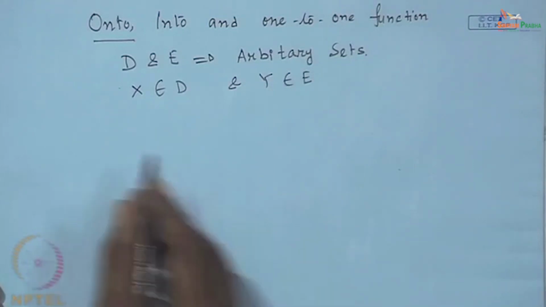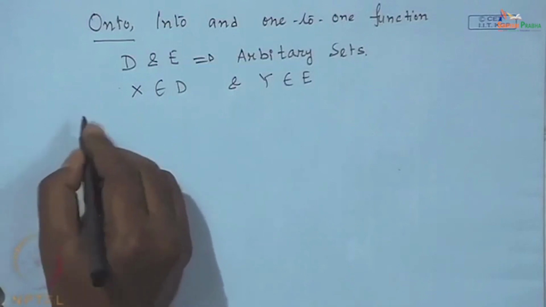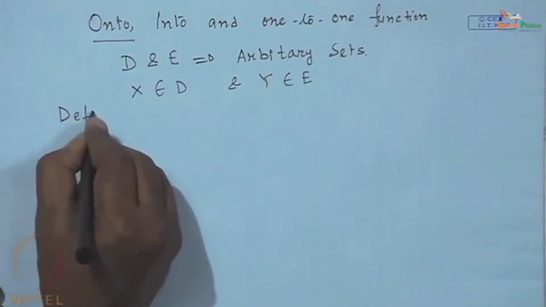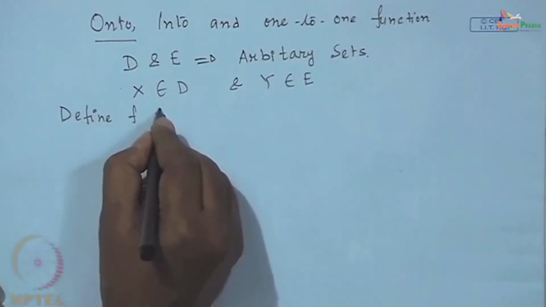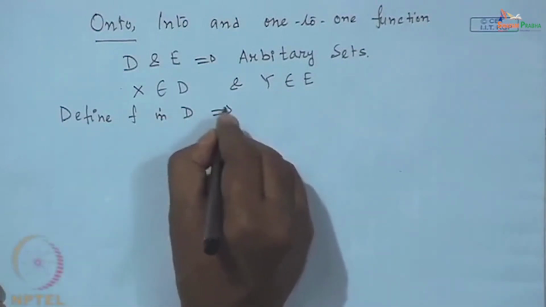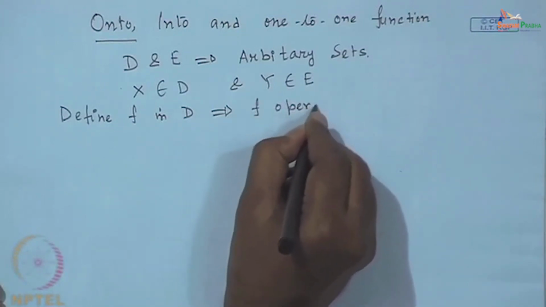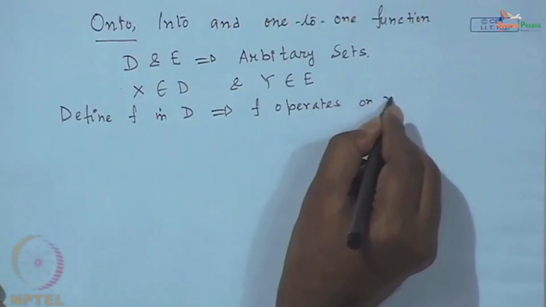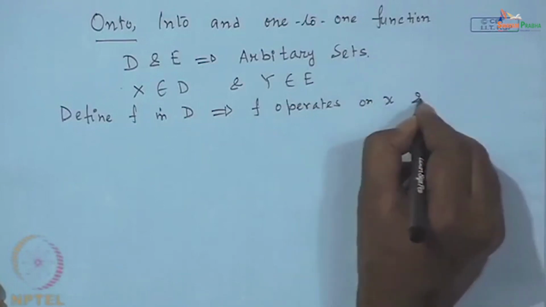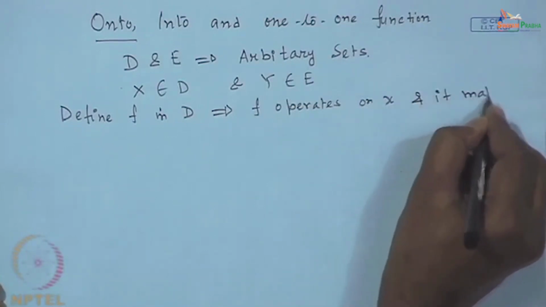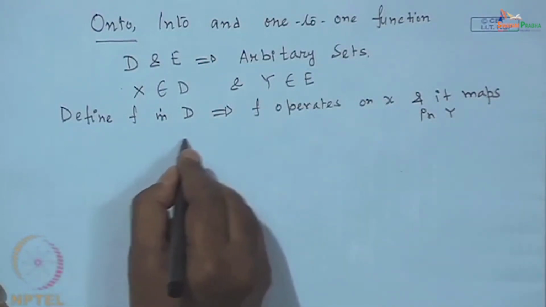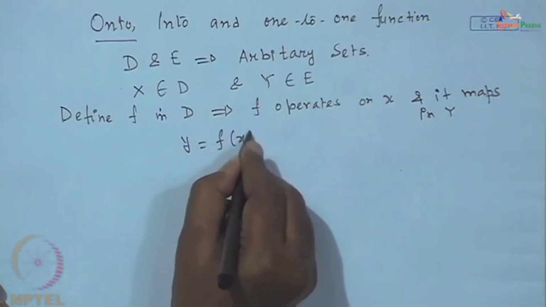Now, we define a function f in the D domain, and it operates on x, and after operation it maps in y. So, basically we are talking about something like y is equal to f of x.